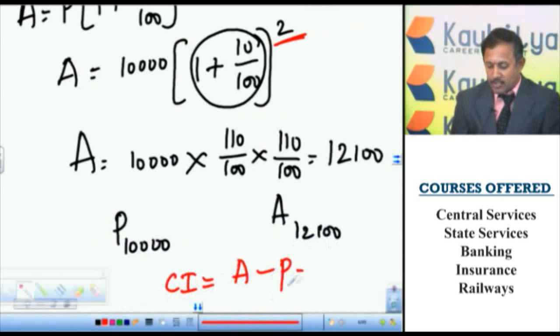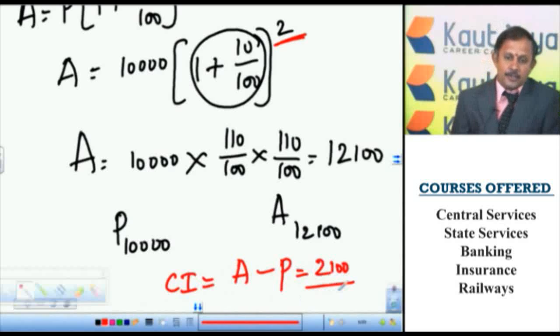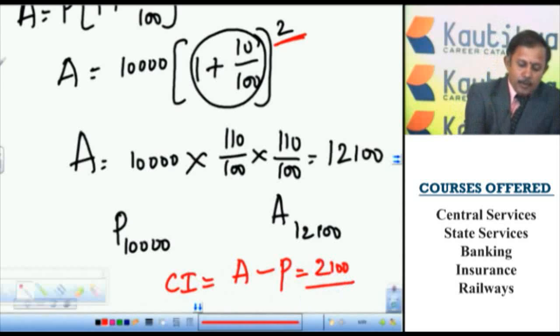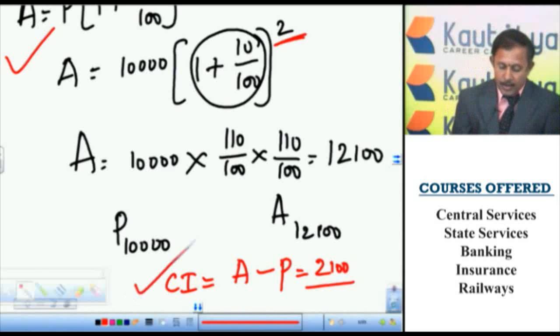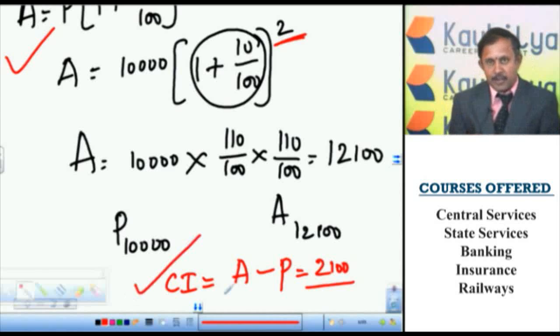So 12,100 minus 10,000, here 2,100 is obtained as the compound interest. So the two formulae you have to remember: amount is equal to P into 1 plus R by 100 power n, that is the first formula to find the final amount, and compound interest can be obtained by using the formula amount minus principal value.